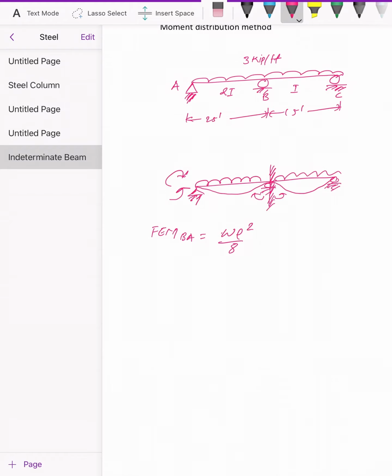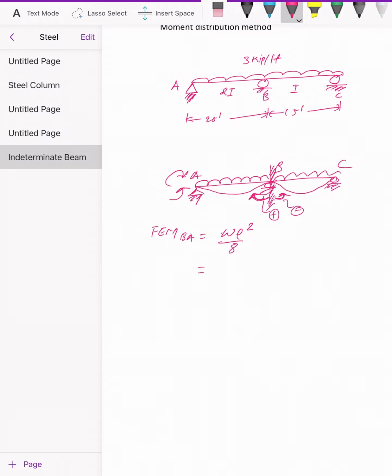When we put a load on this beam, it tries to deflect this way, so we have a fixed end moment which tries to overcome this deflected shape. So this is clockwise, and on the other side it's anti-clockwise. So this is positive and this is negative moment. That's why the fixed end moment of BA is positive, it's going clockwise.